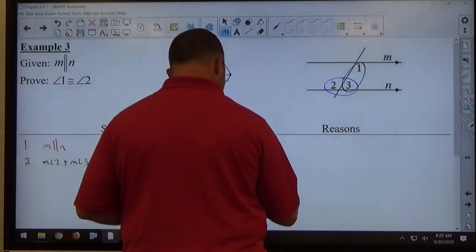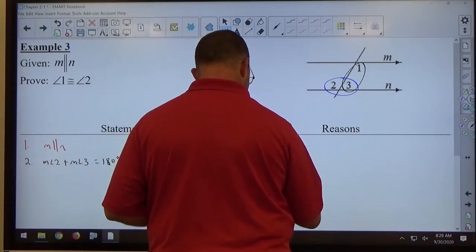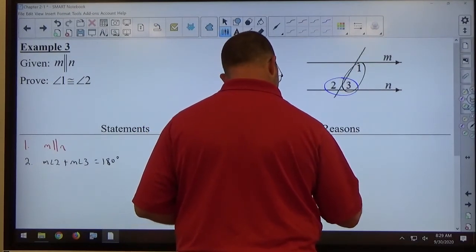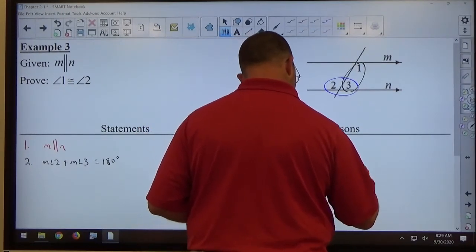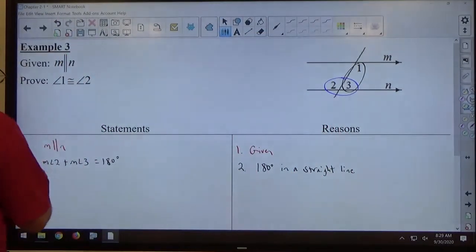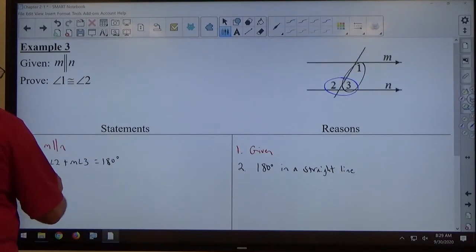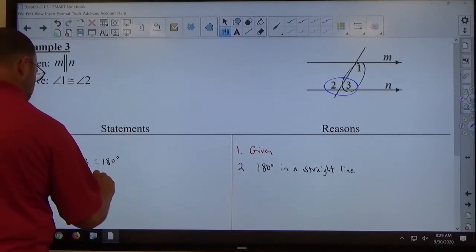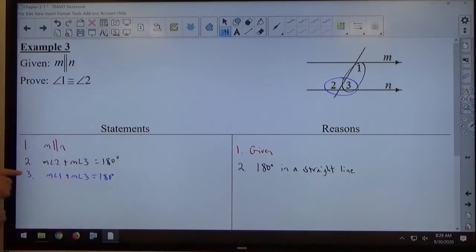So I'm going to say 180 degrees in a straight line. For number 3, we're going to say measure of angle 1 plus measure of angle 3 equals 180. That's because of the consecutive interior angles postulate, I believe.